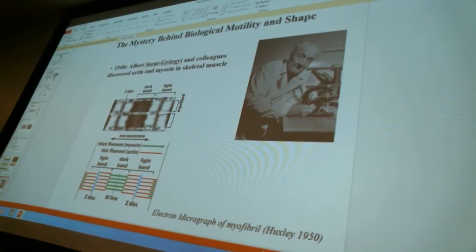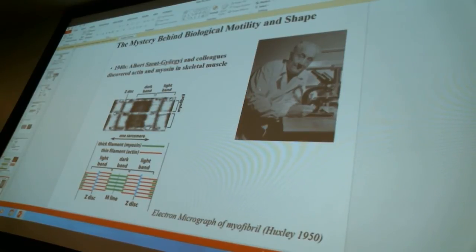So the mystery behind the motility and shape was a long-standing mystery. People tried to understand it for centuries using very simple microscopes and eventually arriving at very sophisticated single-cell techniques or single molecule techniques.